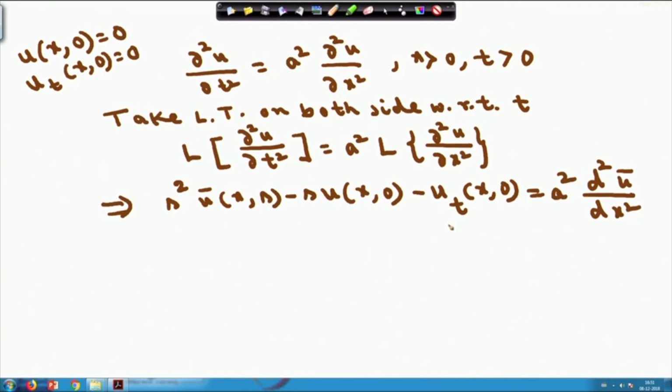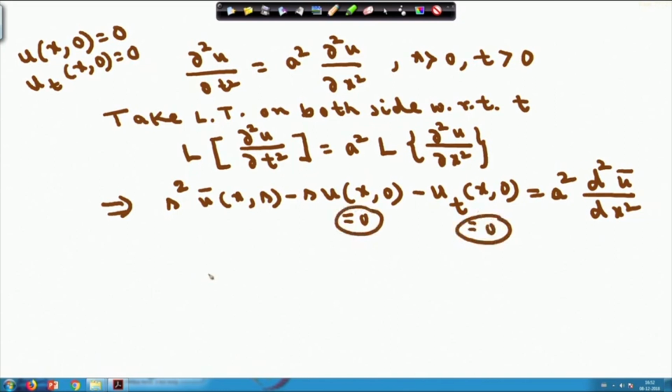That is the reason you can now understand why we are taking the Laplace transform with respect to t, because if I had taken the Laplace transform with respect to x, then there would have been the function s u(0,t), but the value of u(0,t) is not given, or u_x(0,t) is also not provided. Since these values are provided as initial conditions, that is the reason we are taking the Laplace transform with respect to t. So, basically since both are 0, this term will be equal to 0, and this term also will vanish.